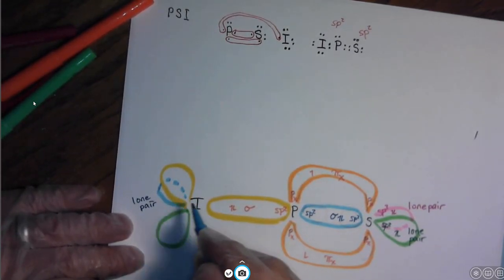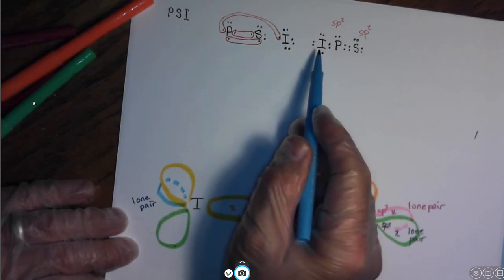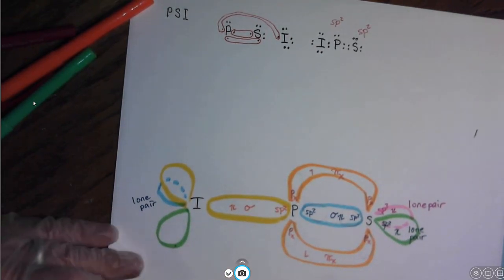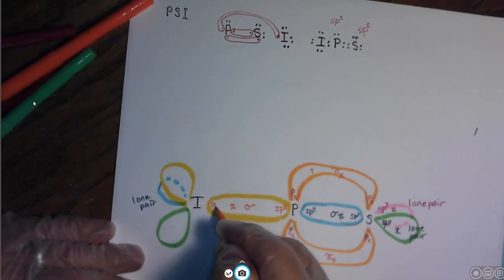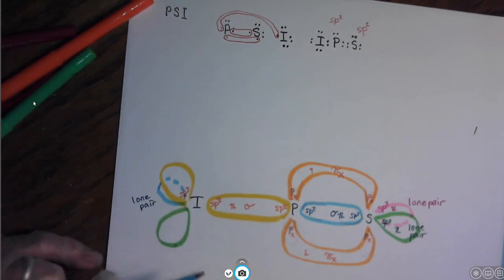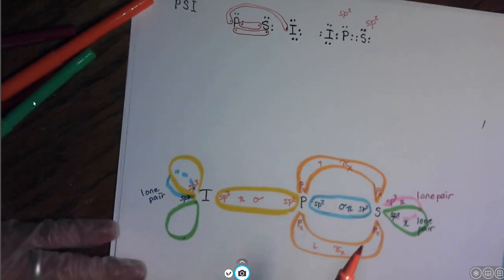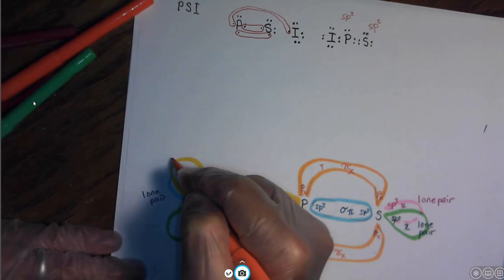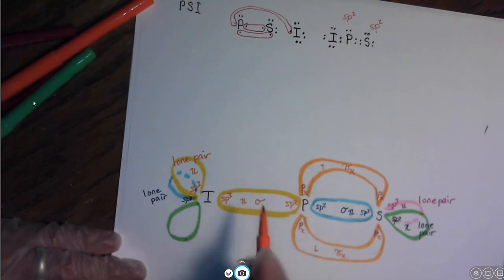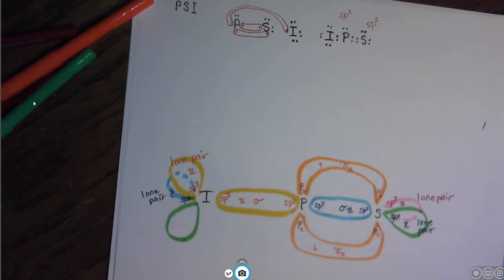Actually, this is going to be sp3. If an atom has nothing but lone pairs and single bonds, that hybridization is sp3. And a lone pair is going to have 2 electrons in it. I didn't put 2 electrons yet in this one, and I haven't even bothered to label the bottom one yet.